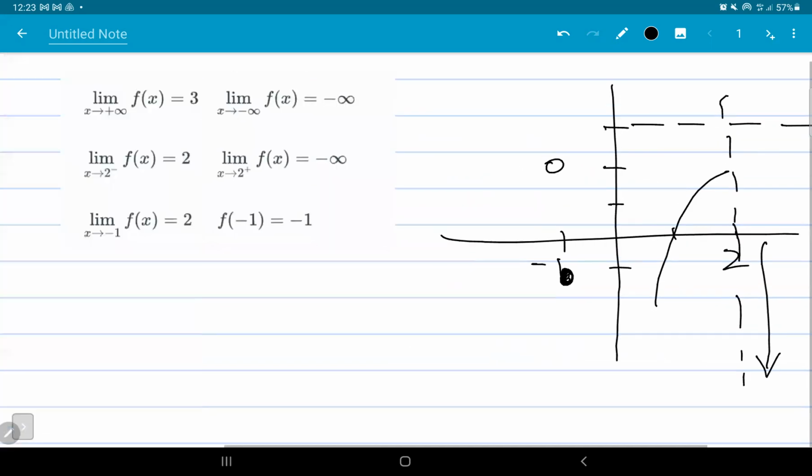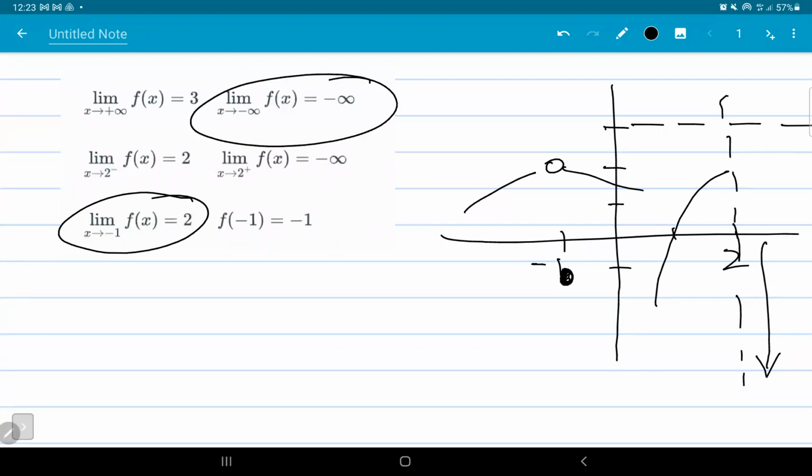And what else has to be satisfied? Only those. This one could be particularly tricky. So the limit of f of x as x approaches -1 is 2 from both sides. And -infinity as well.